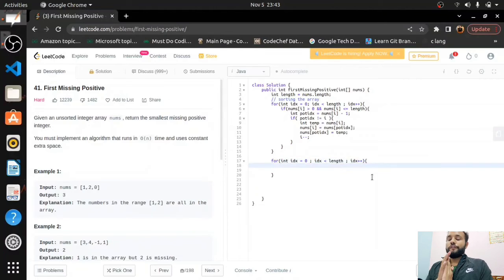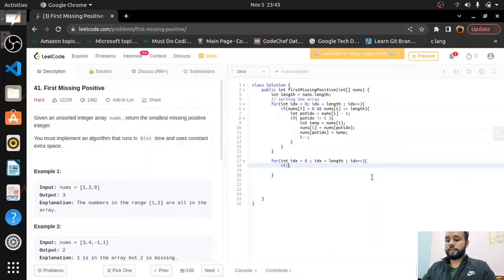So after the array is sorted, at every index i, if it is sorted, the number will be i plus 1. If it is not the case, it means i plus 1 is missing.